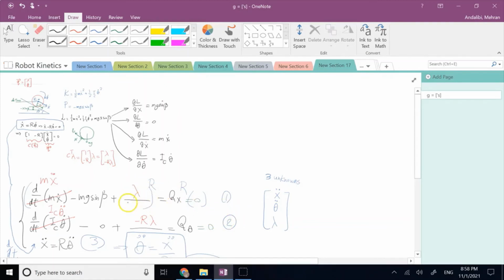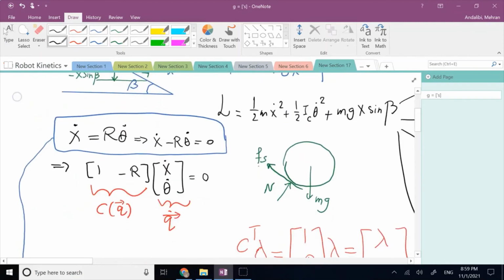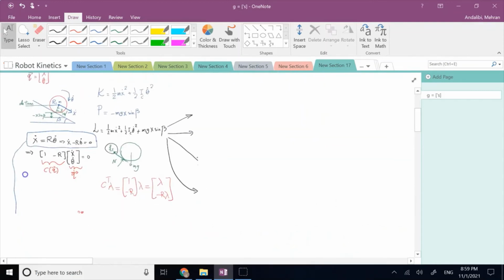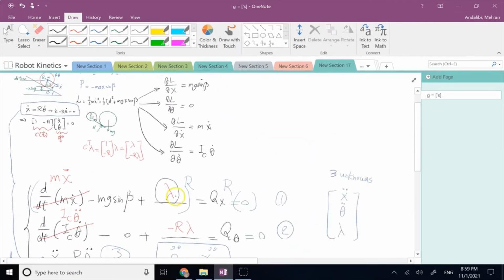But what is this lambda? Well, if you look at your x equation, or if you look at your theta equation, either one, you clearly see your lambda here is that static friction, with one change. What is the change here? If you take lambda to this side, it becomes m x double dot equals m g sine beta, which is the component of mg aligned with the x direction.